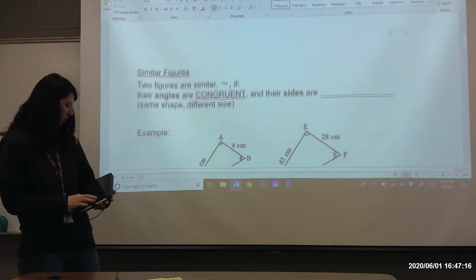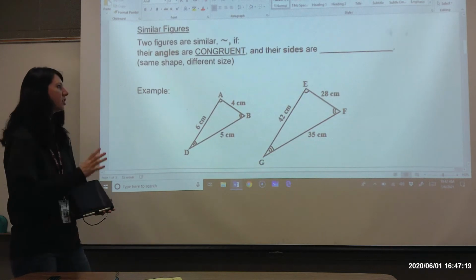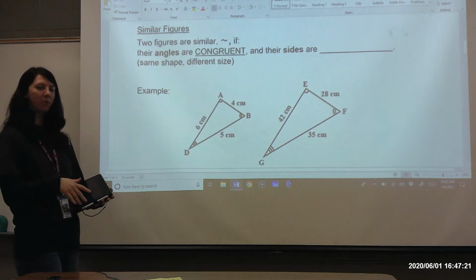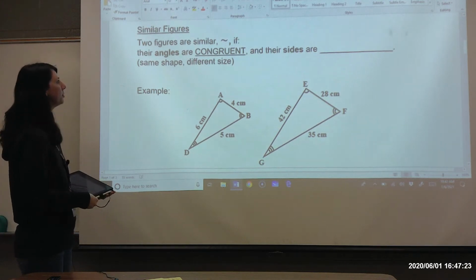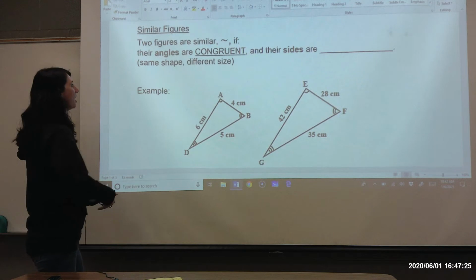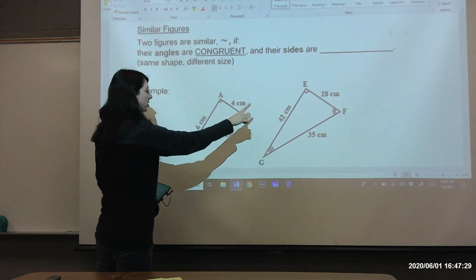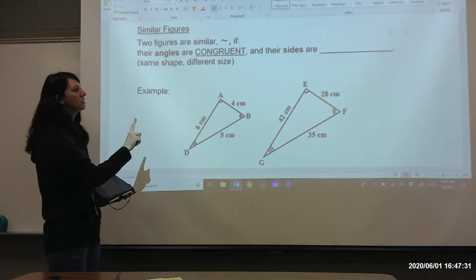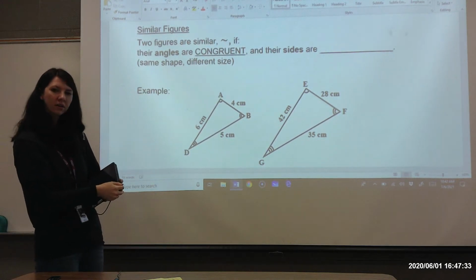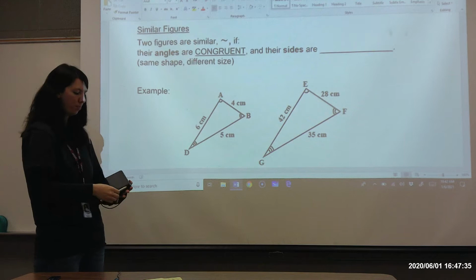Let's first review what similar figures are, because we're going to use this definition to help us solve our problems. 2 figures are similar if their angles are congruent, so their angles are equal to each other, and their sides are proportional.